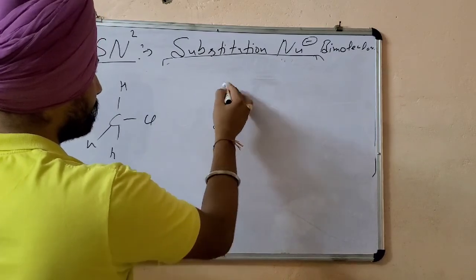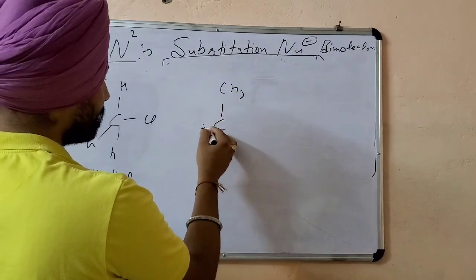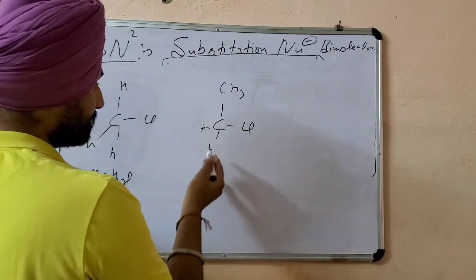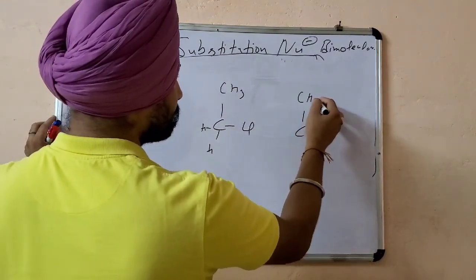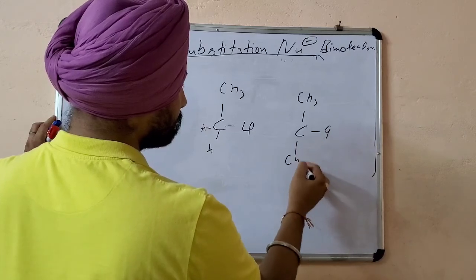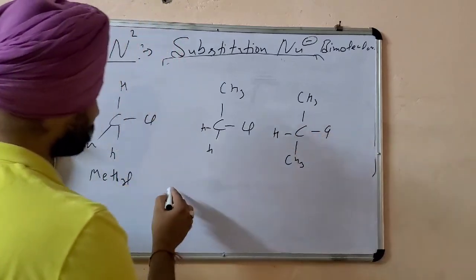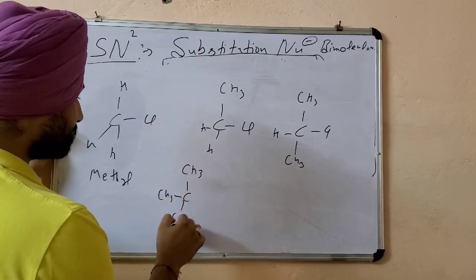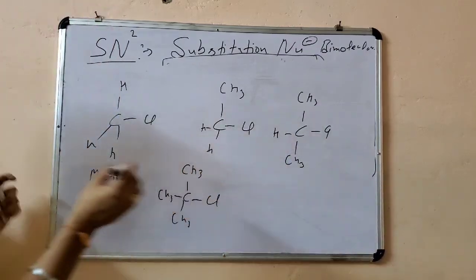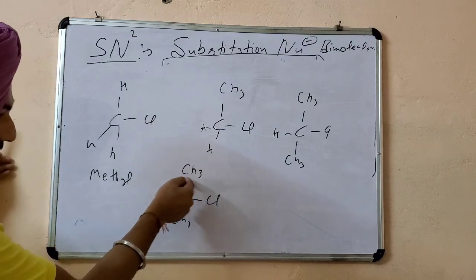Then CH3, H. This is your primary carbon. This is secondary carbon, and then we have tertiary carbon. Now steric hindrance is maximum in this case because it is a very bulky group.